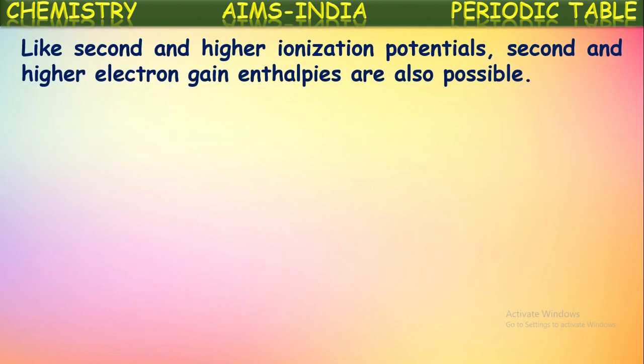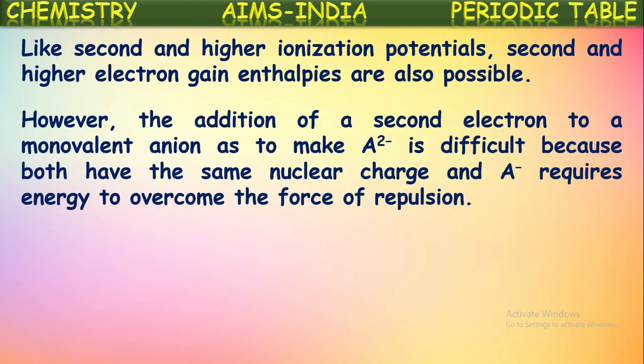Like the second and higher ionization energies or ionization potentials, second and third electron gain enthalpies are also possible. However, the addition of a second electron to a monovalent ion A minus to make it A2 minus is difficult, because both have the same nuclear charge and A minus requires energy to overcome the force of repulsion.